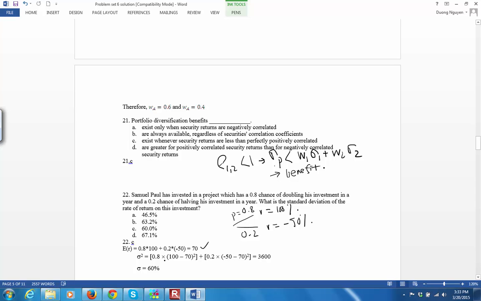Then you calculate the variance and the standard deviation, and you get about 60%.